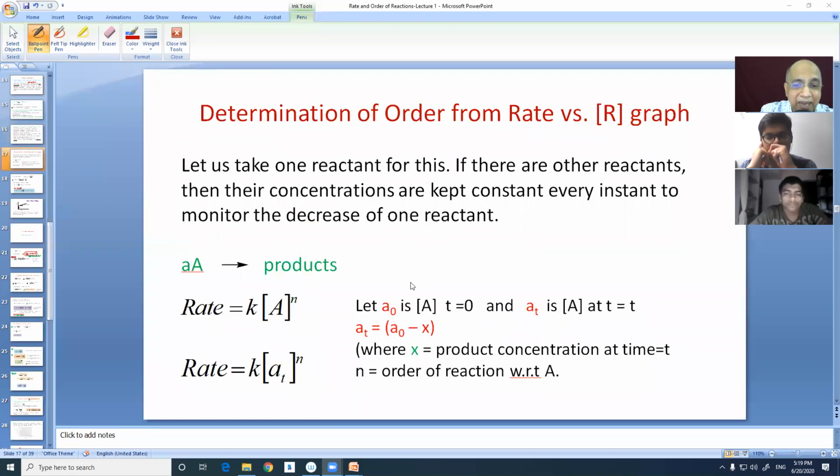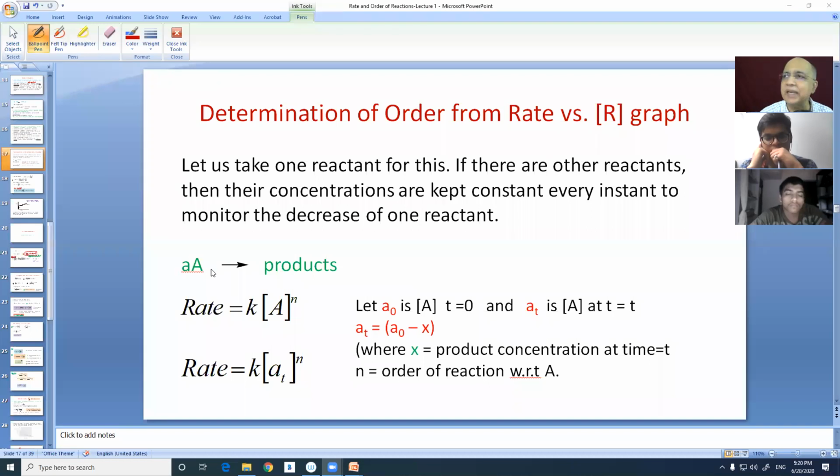Now, I'll tell you how the order with respect to a particular reactant is determined. Just listen to me very carefully, mindfully. Supposing this is the thing. A is the reactant and there is no second reactant.